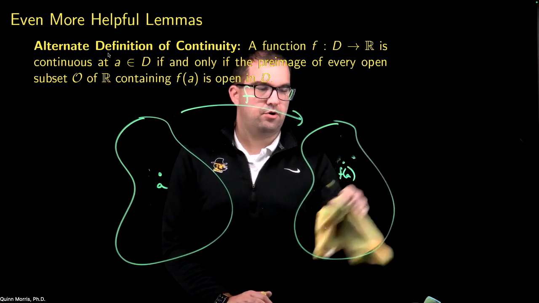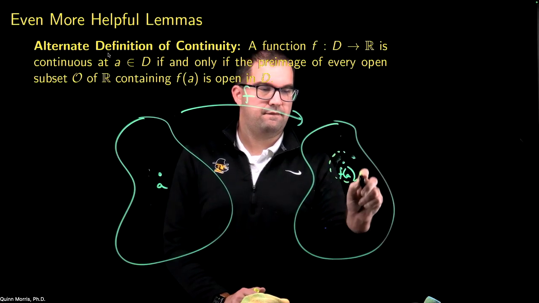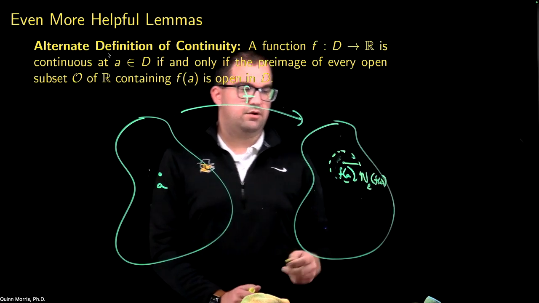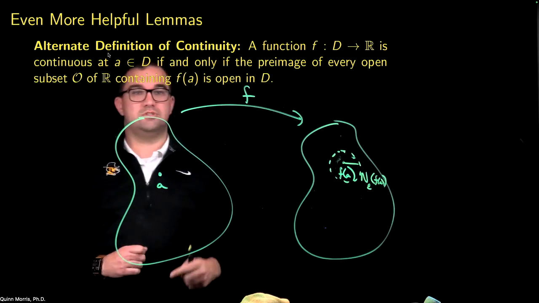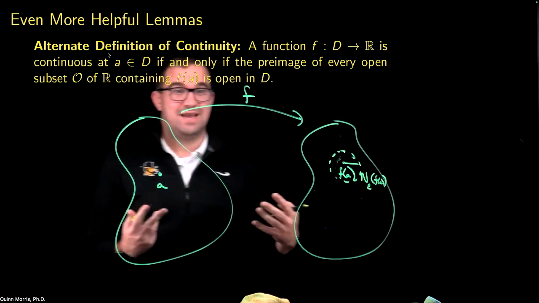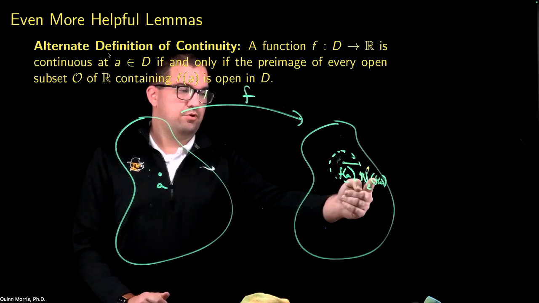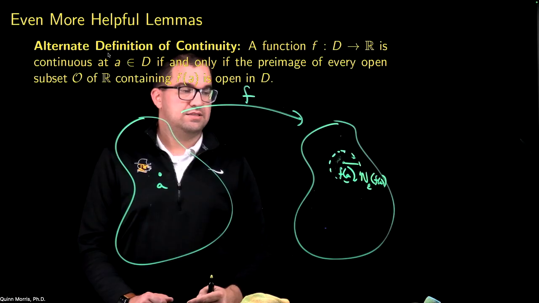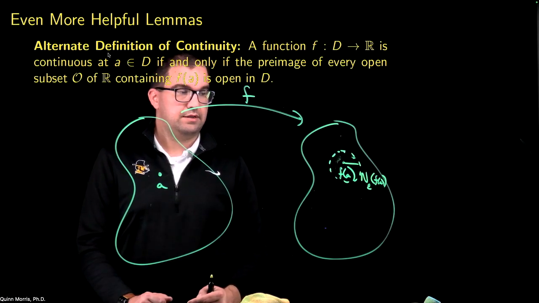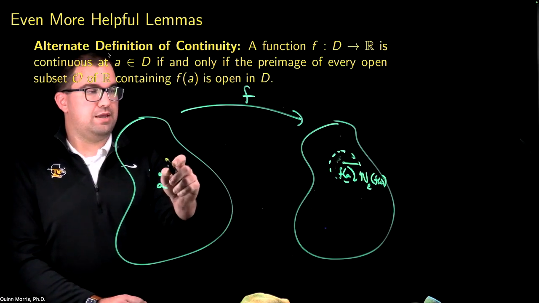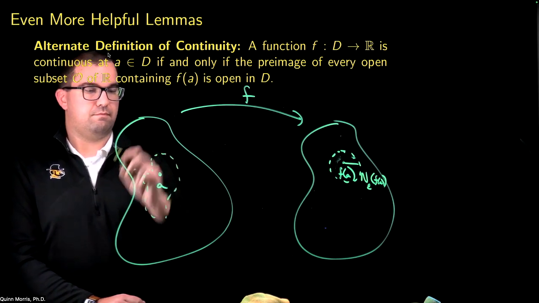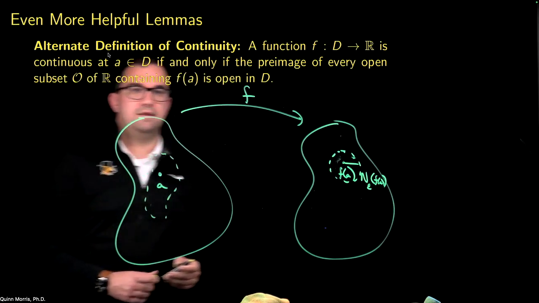So if I just took a neighborhood of f of a, I could call this the neighborhood of radius epsilon of f of a over here. Neighborhoods are open, and in fact, neighborhoods form building blocks for open sets. So let's try this for a neighborhood first. If I take a neighborhood here and I look at its pre-image, then the pre-image over here is going to be, whatever it's going to be.